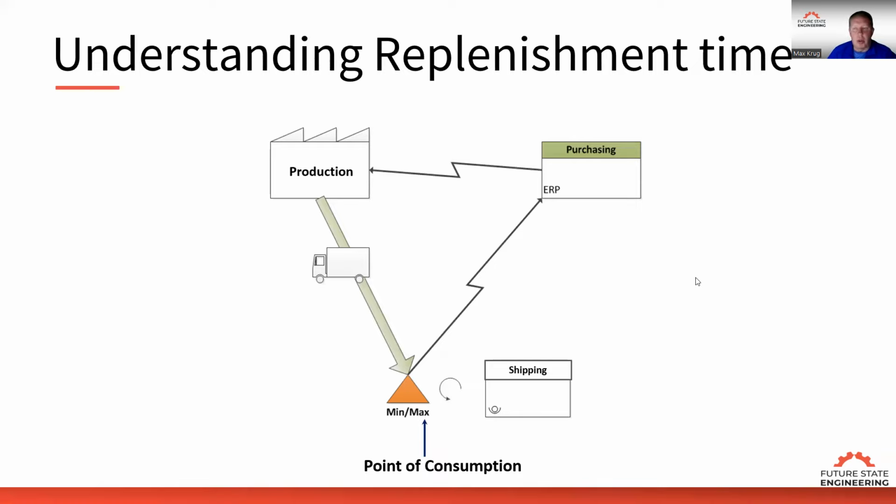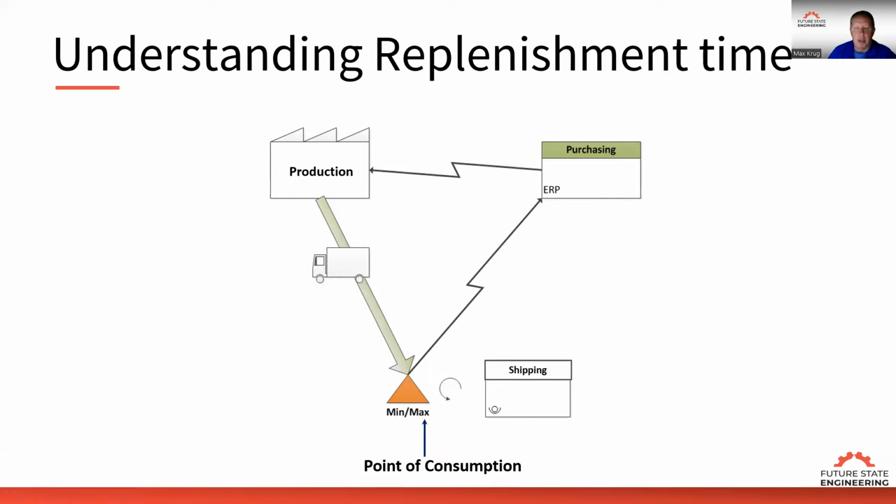Let's first understand what the replenishment cycle is. The replenishment cycle is the time from when inventory shows up at a location until inventory of that same item shows up at the same location in that point in the supply chain. So in this case, inventory shows up, we start the clock.